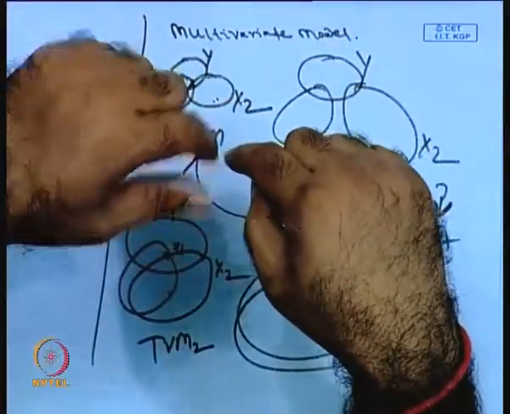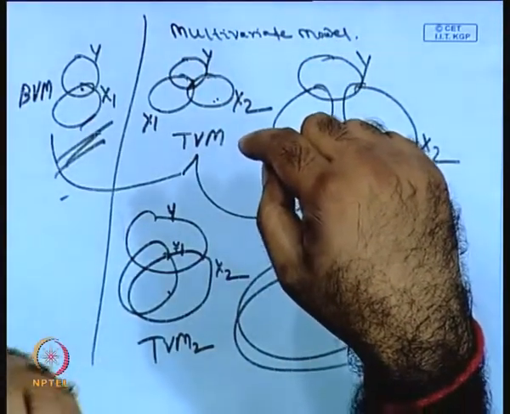In fact, there are certain other problems which are not typically visible in trivariate models, but can be visible in multivariate models. We will see how these problems become more complex once we move to multivariate modeling.